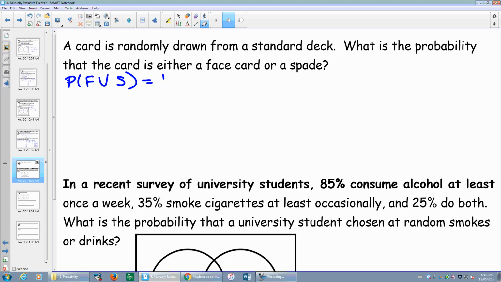I will take the probability of a face card plus the probability of a spade, and I minus the intersection of the two because I don't want to overcount. So the probability of the face and the spade. So Joanna, what is the probability of me getting a face card? Very good.